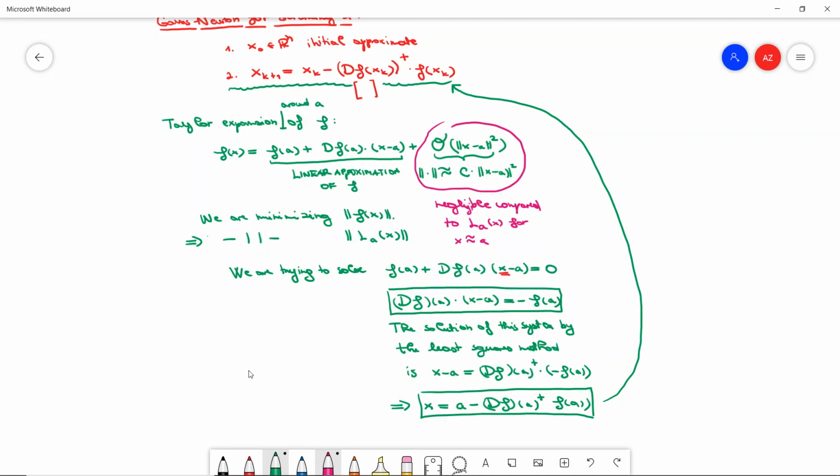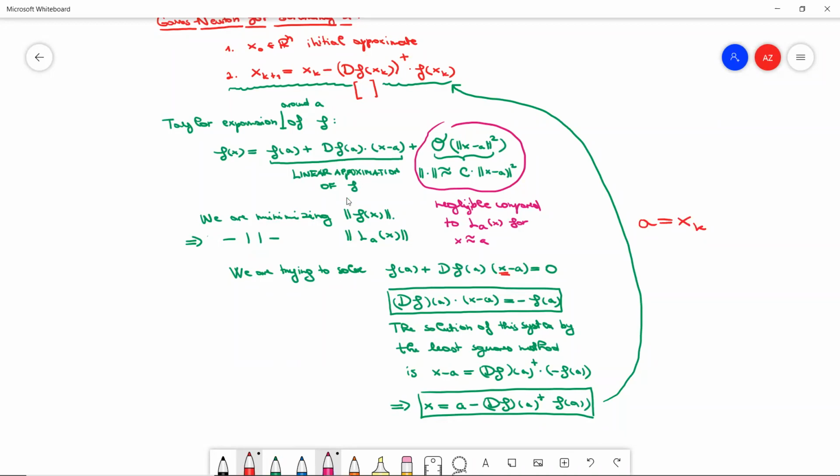We have a equal to xk. And then we do the Taylor expansion of f around xk. Neglect this part of degree 2 or higher. And then we would like to minimize this linear approximation of f in the next point.